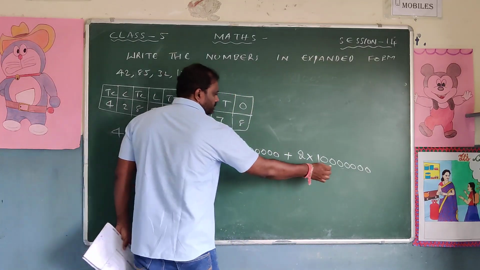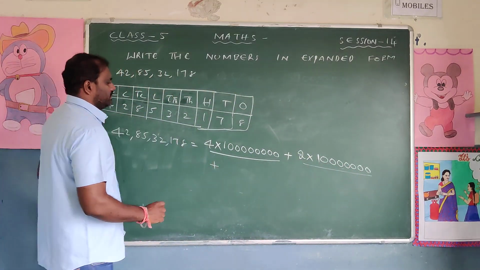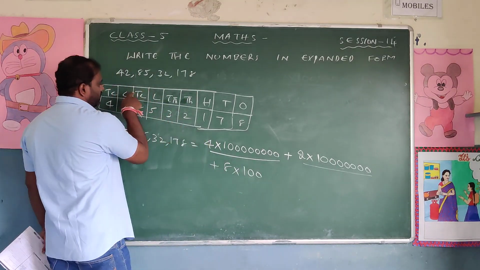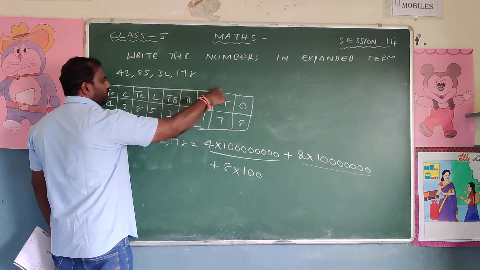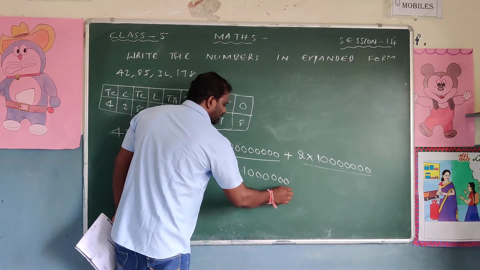Plus next 8 into 1 lakh. This time I am writing here: 1 2 3 4 5, so 5 zeros.